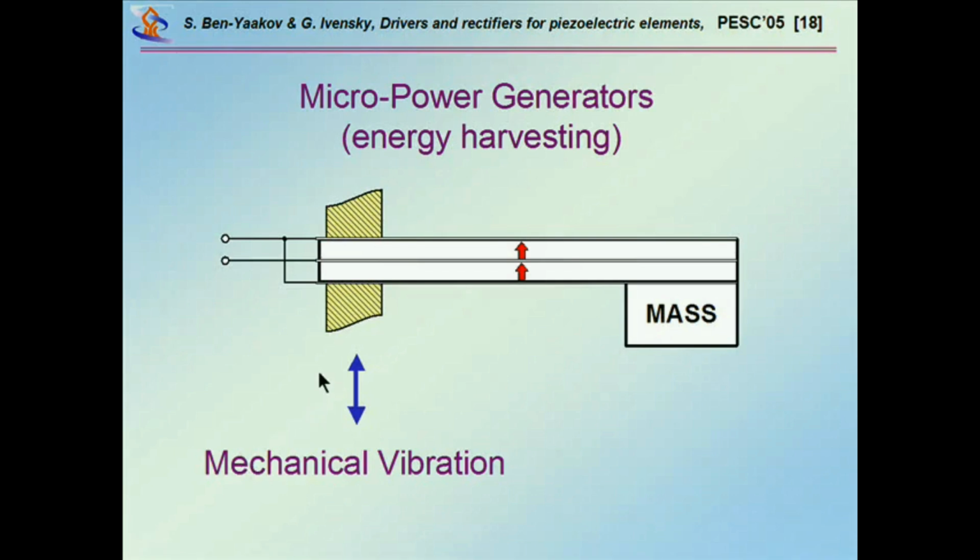So if we have, say, a bimorph element which has some mass attached to it, and it is subject to mechanical vibration, then this will bend back and forth. And as it bends, it will generate electricity. We'll talk about the model later on. And this, of course, you can harvest, as they say. You can take it out and use it for electricity.